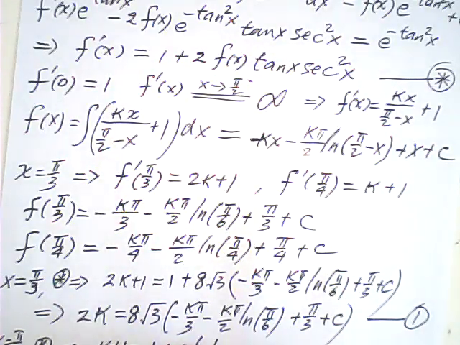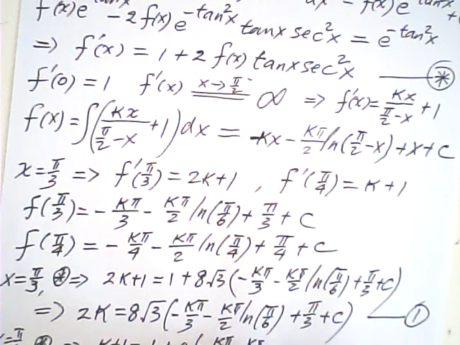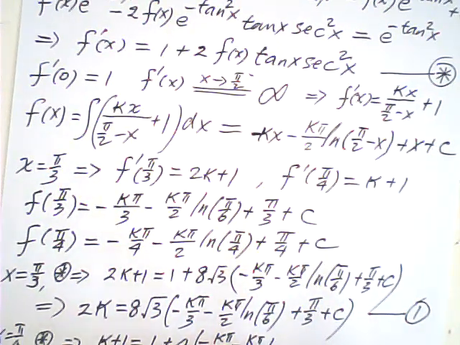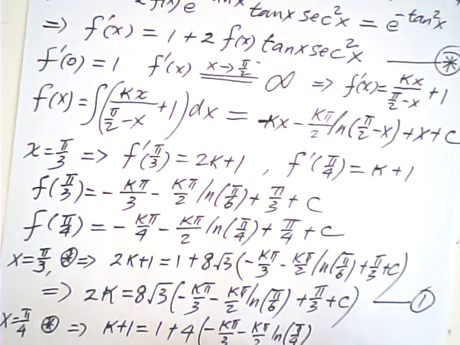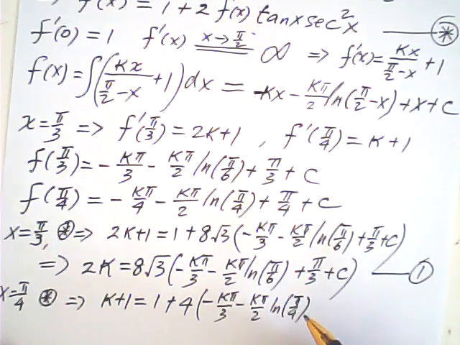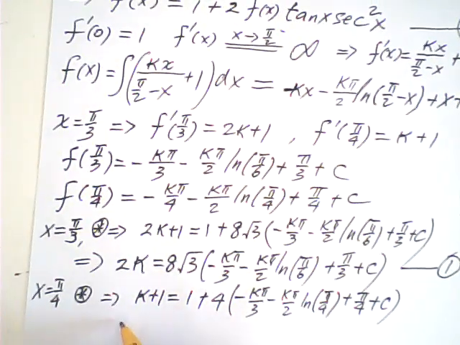So minus k pi over 3 minus k pi over 2 log quarter pi and plus quarter pi plus c, right? And I simplify by canceling 1.